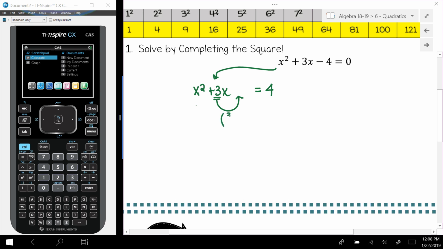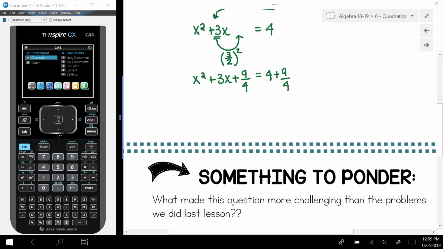Half of 3, I'm going to write as 3 divided by 2, and then we have to square it. 3 squared is 9, 2 squared is 4. So I am adding 9/4 to both sides. So 4 plus 9/4. I'm already feeling uncomfortable.